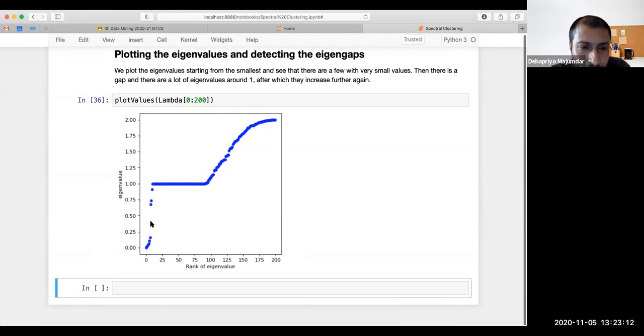Probably the result should not be too different, but there are ways to compute how good the clusters are and so on. So I believe if you take 7, it will give you a pretty good thing. However, if you want to do a deeper clustering, you should take something like up to this many, right? If you take 120 or something like that, then again there are some gaps and things like that.